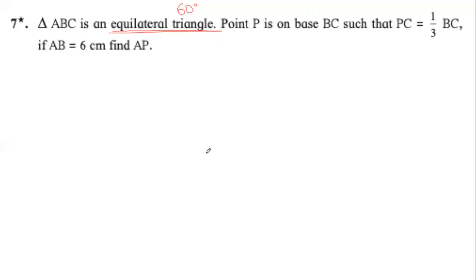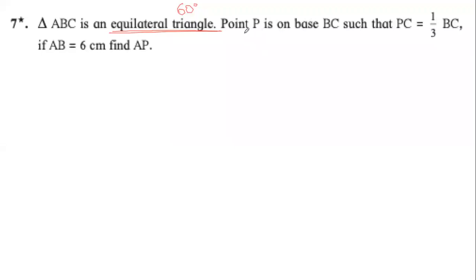Very simple. If it is an equilateral triangle, all three sides will be of equal length, and because of that, all the angles will also be of the same measure. The sum is 180 degrees, whatever kind of triangle it may be, so each angle will be 180 divided by 3 equals 60 degrees. Good, you know this.